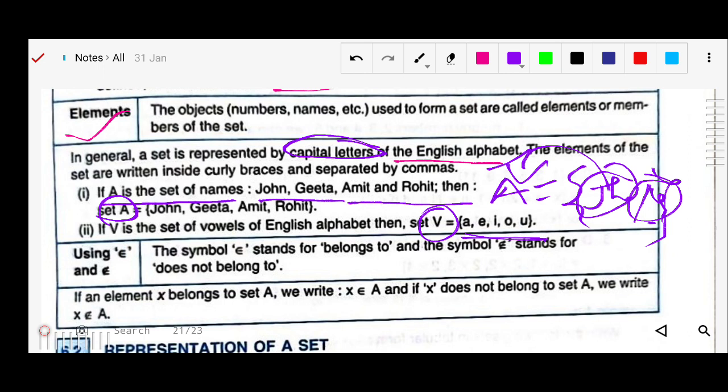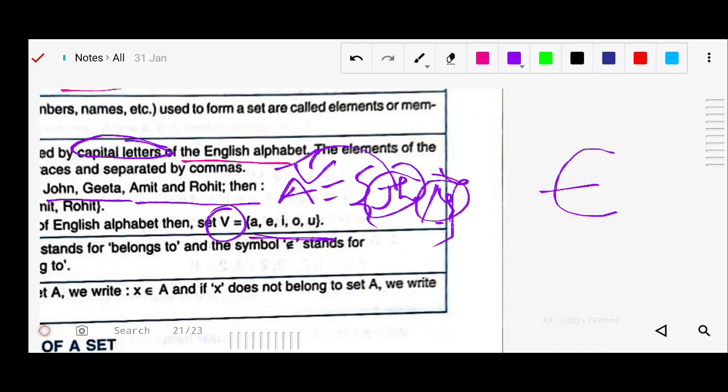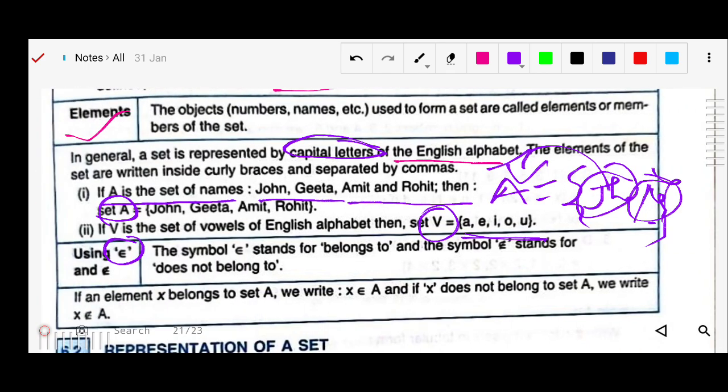Now the second thing is some symbols. We have this kind of symbol, which is the sign of epsilon. This sign stands for belongs to.